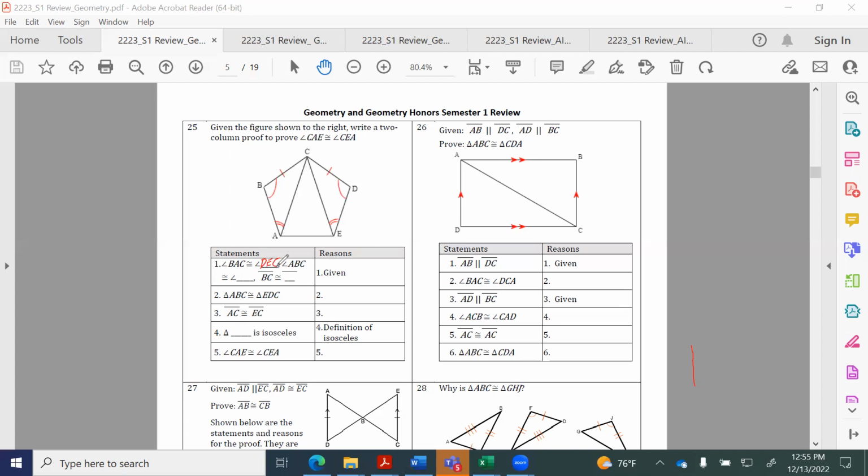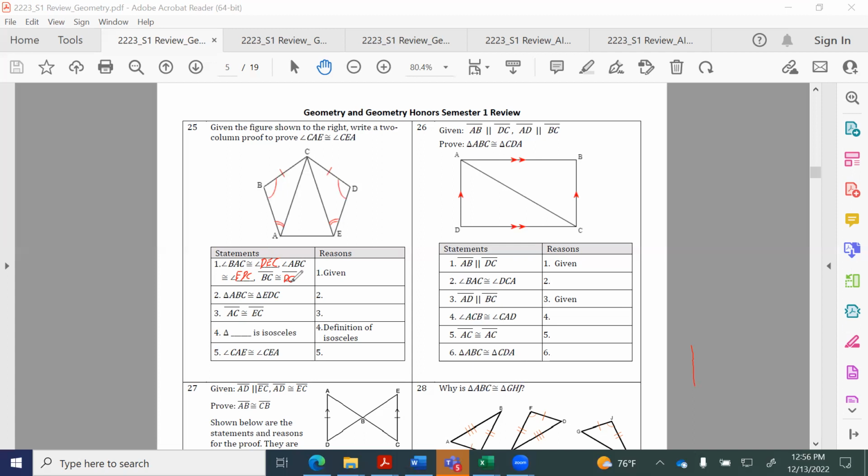They also gave us angle ABC is congruent to angle EDC. And they also told us that BC is congruent to BC. Those are all given to us on the diagram.